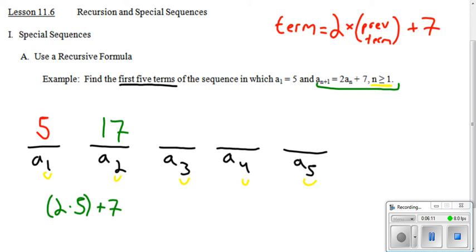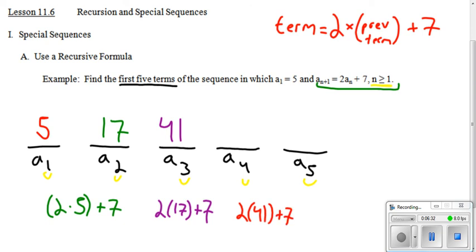To get our third term here, we would do 2 times 17 plus 7. Okay, 2 times 17 is going to come out to 34, plus 7 is 41. And again, for our next term, 2 times 41 plus 7.